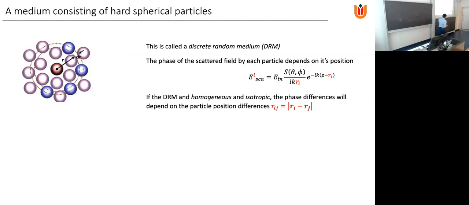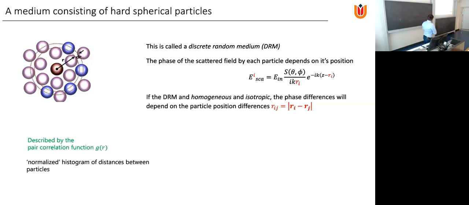So instead of looking at the N and the J's, the exact values of that are not of importance. The only thing that matters is the difference. Such a medium is described by what's called the pair correlation function.